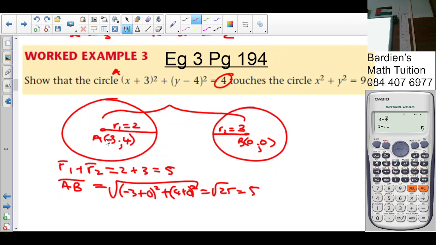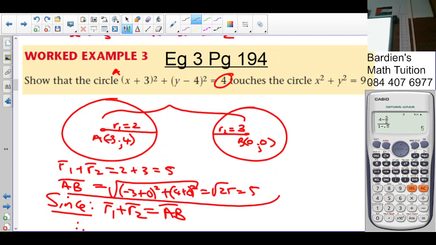So what can we say about the circles? They touch each other once. So we state the obvious: the radius 1 plus the radius 2 is equal to the distance AB. Therefore, the two circles touch each other once. If this calculation had come out more than 5, what would your conclusion have been? R1 plus R2 is less than AB.